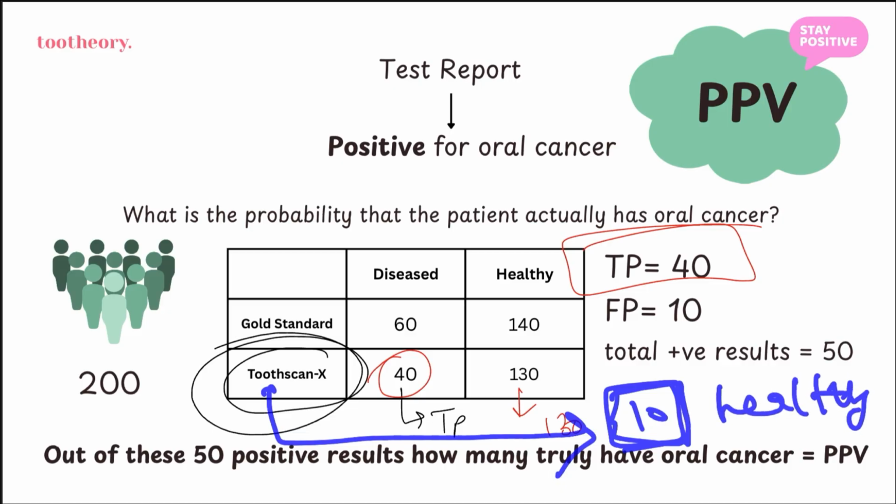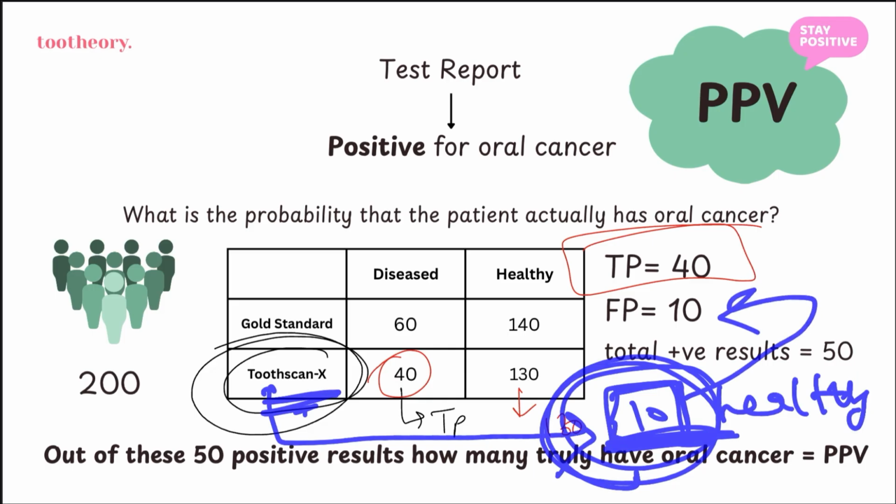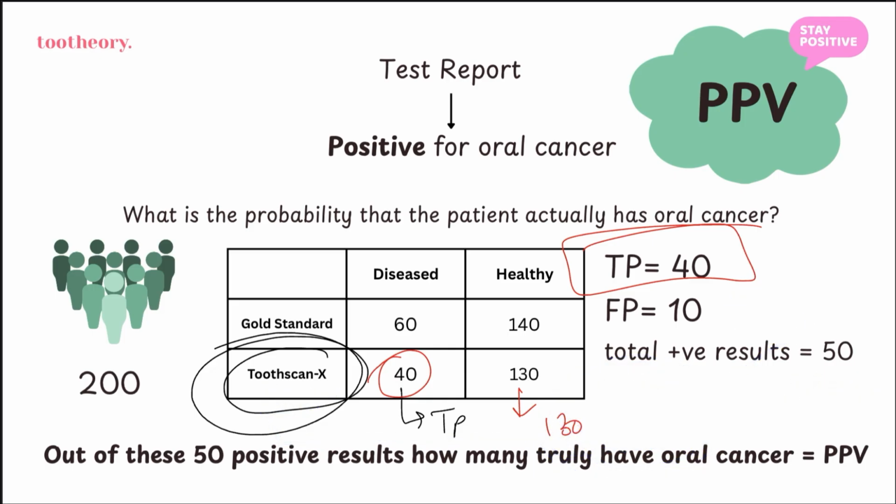So these would be the people that the test has said to be positive. They're actually healthy, but the test says they're diseased, and hence this is known as a false positive, right? So we have 40 true positive people and 10 false positive people. Whenever we're speaking about the positive predictive value, we only care about the positive values, be it true positive or false positive.